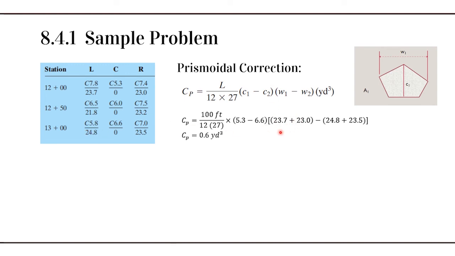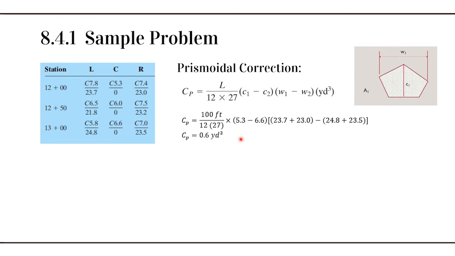So width 1 is station 1, distance 23.7 plus distance 23.0 minus width 2, distance 24.8 plus distance 23.5. So we have to compute it. Just put it in your calculators, and we have 0.6 cubic yards.